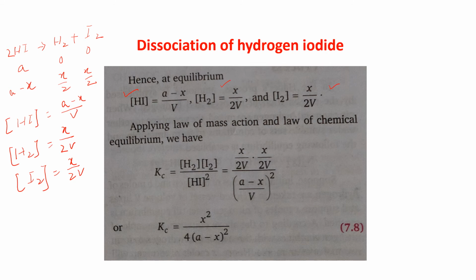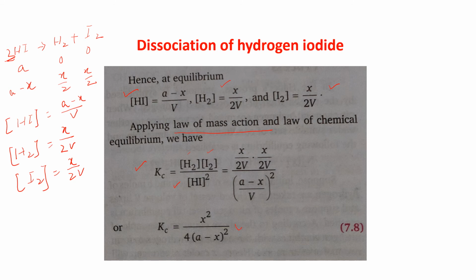So now apply the law of mass action. Kc is equal to the concentration of the product, H2 I2, divided by the reactant, that is HI to the power 2, because the stoichiometry is 2. This is the reaction. Stoichiometry is 2. Now write down the concentrations: X by 2V into X by 2V divided by A minus X by V whole square.